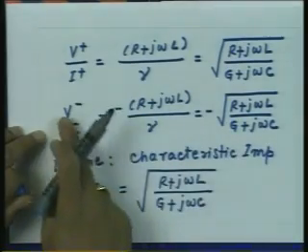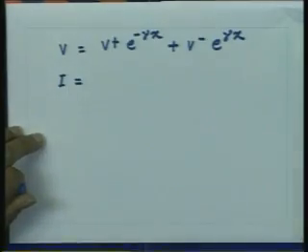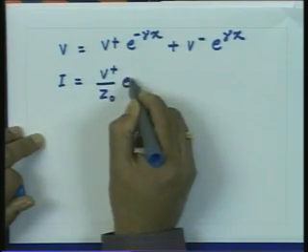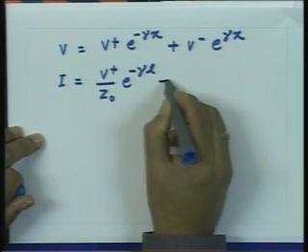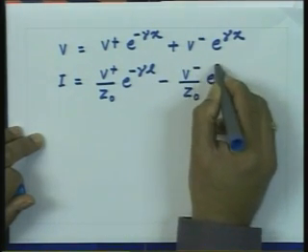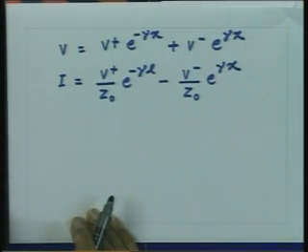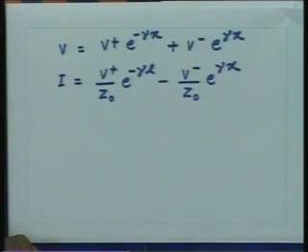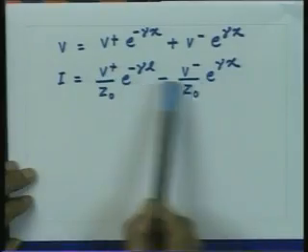Similarly, I minus is V minus divided by Z naught. So, I will be V plus divided by Z naught e to the power minus gamma x minus V minus upon Z naught e to the power gamma x. So, essentially by substituting the voltage and current expressions in the differential equation, we eliminated two arbitrary constants, I plus and I minus, and now we are left with only two arbitrary constants which are to be evaluated, which are V plus and V minus.